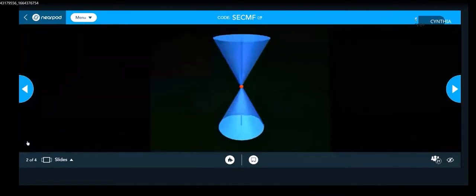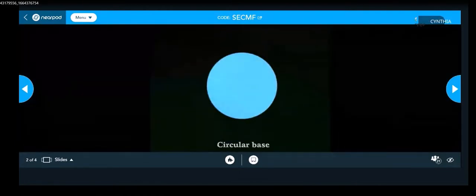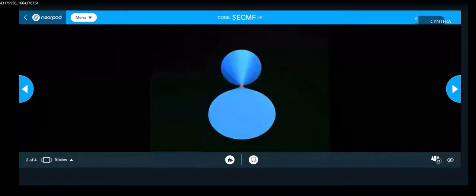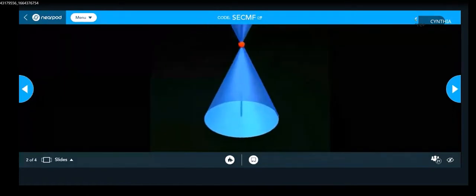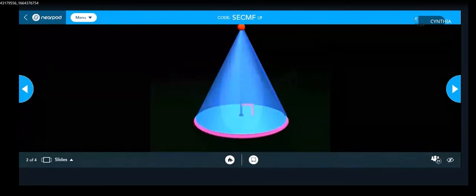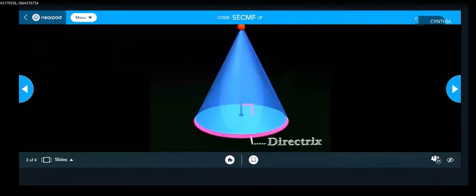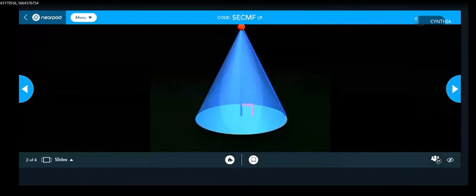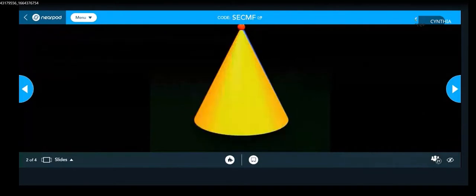The right circular cone has a circular base, and its axis is always a perpendicular line from the center of the base to the vertex. The circumference of the base is called the directrix. The lateral surface of the right circular cone is called a nap.